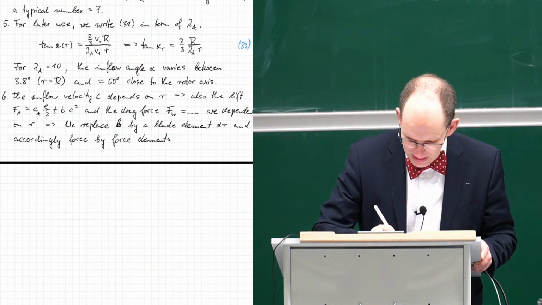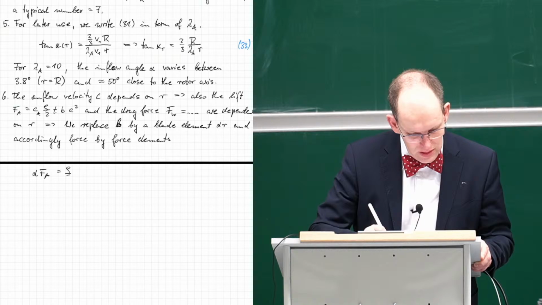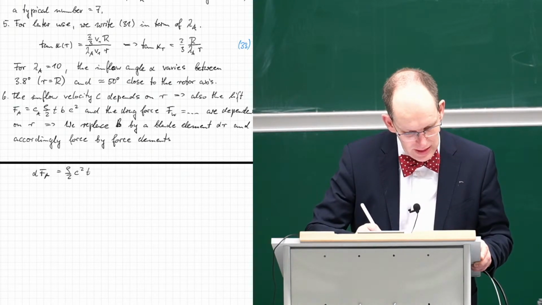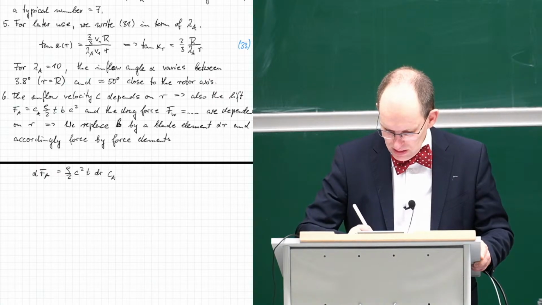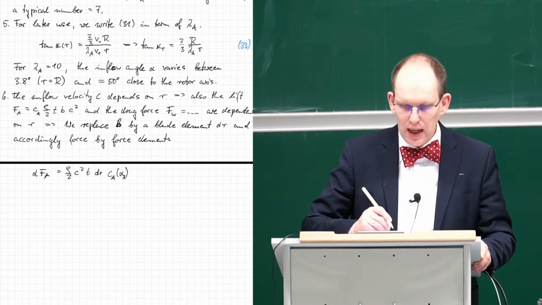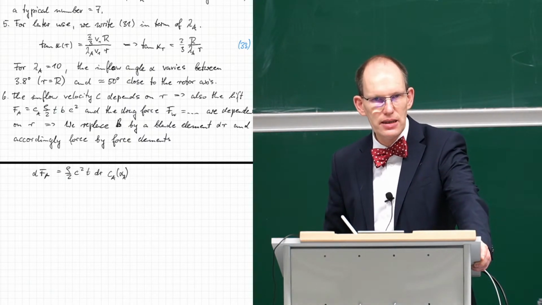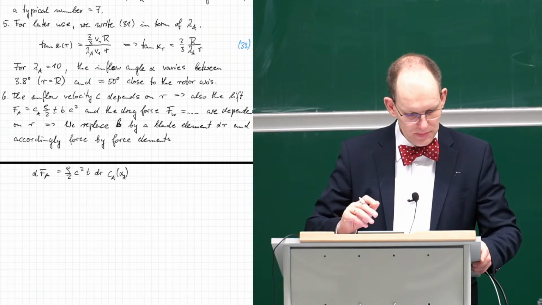So what we have is that dFA is given by rho over 2 C squared T times dr times the lift coefficient, and here I write that it depends on alpha A, not alpha, as we discussed several times.